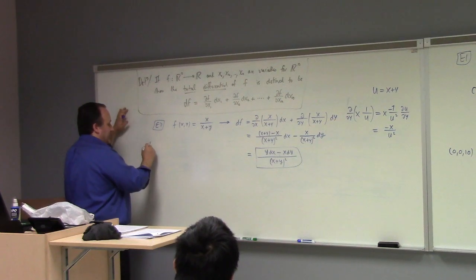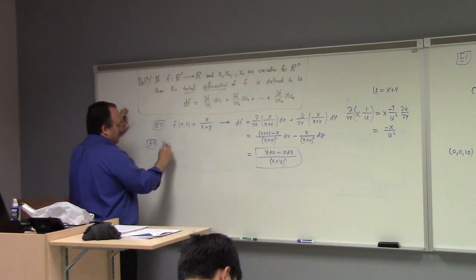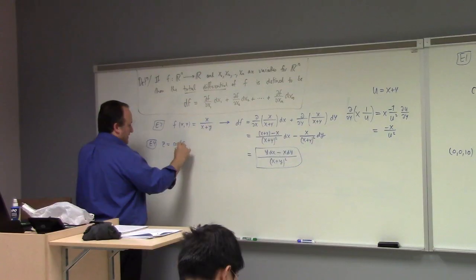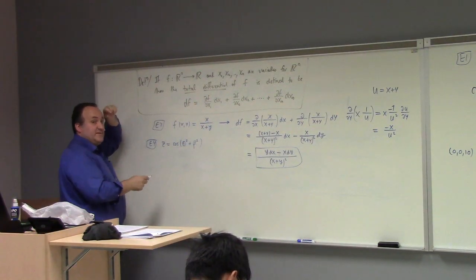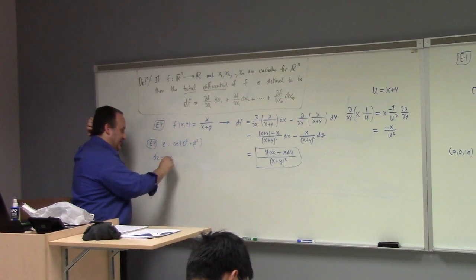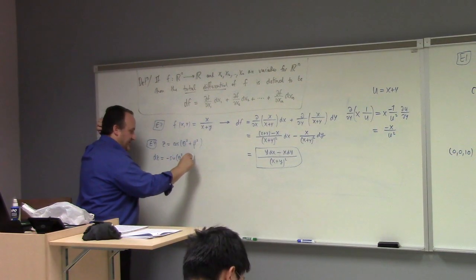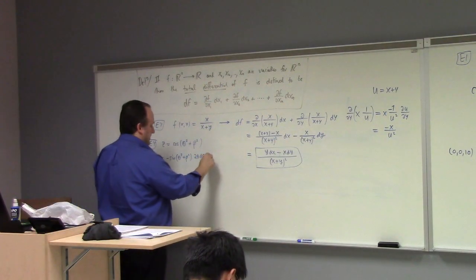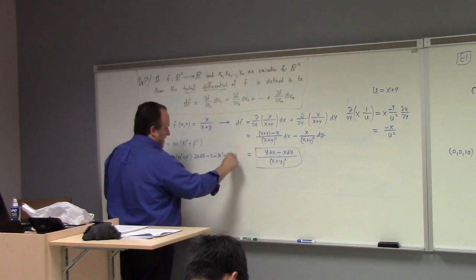Example 4. Let z equal cosine of theta squared plus beta squared. Calculate the total differential of this expression. Here we go. dz is minus sine of theta squared plus beta squared times 2 theta d theta, minus sine of theta squared plus beta squared times 2 beta d beta.